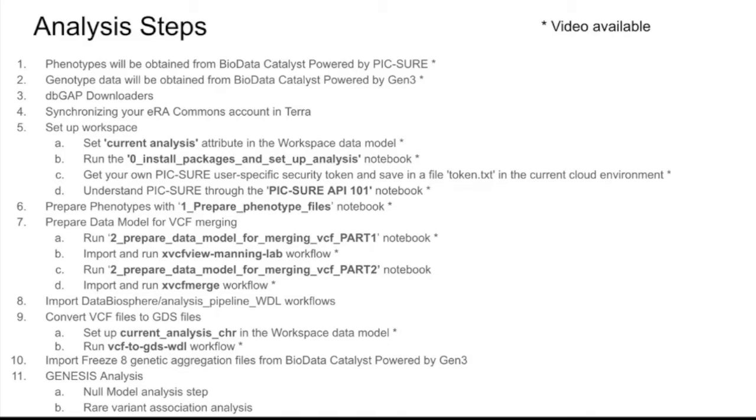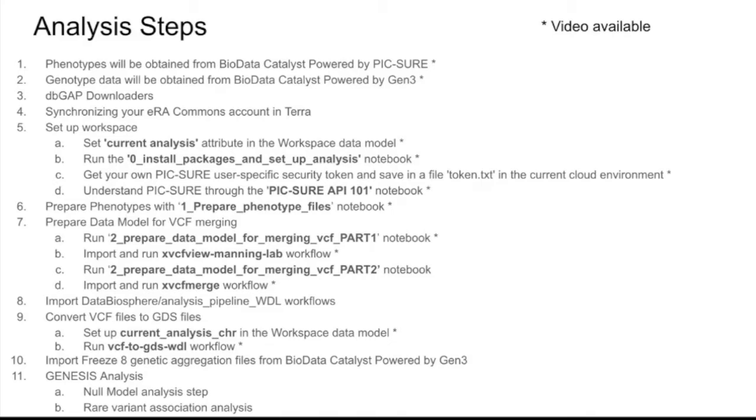Because as you can see from my screen, there are, as I'm counting it, maybe 11 big steps to this analysis pipeline. And there's so much more that you can do. But I'm going to get started with the first of our analysis steps, which is obtaining phenotype data from BioData Catalyst powered by PIC-SURE.